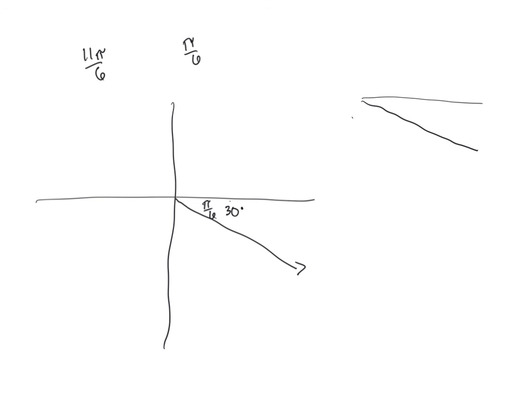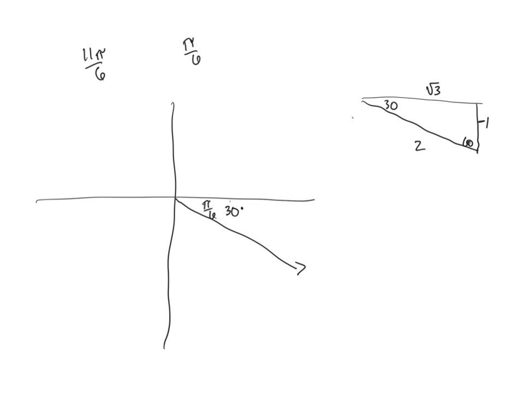That's my special triangle. So this is my 30, 60, 90. And so this is 1, this is root 3, and this is 2. And I have to be careful because now my y-coordinate's negative, right? Because I'm going down 1. So now I got that.